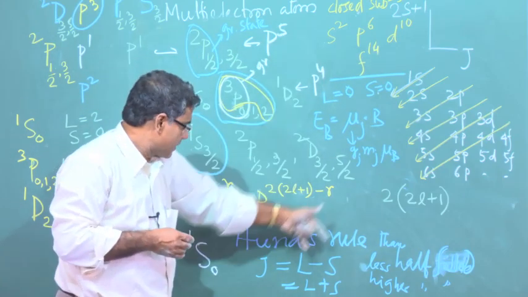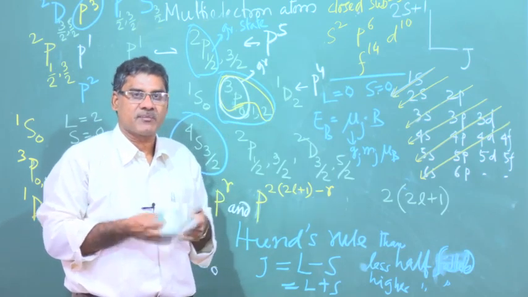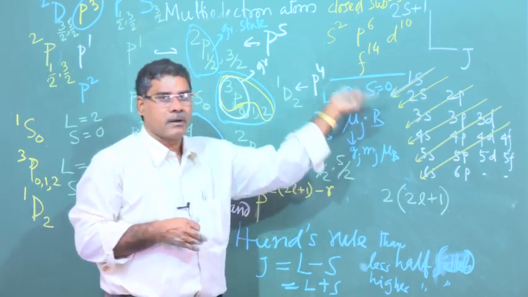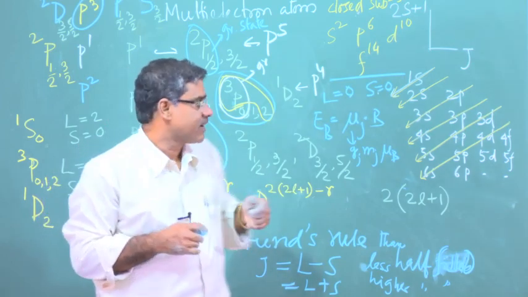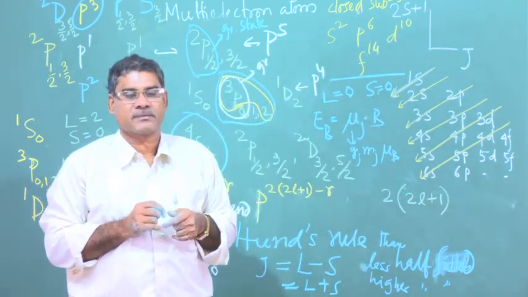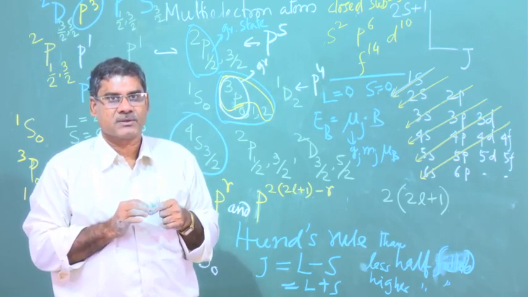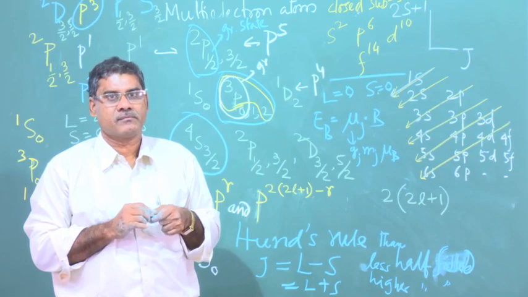Here we have considered some rules: the Pauli exclusion principle, Hund's rule, the Aufbau principle, etc. These are simple rules, but everything one can find out from quantum mechanical treatment.